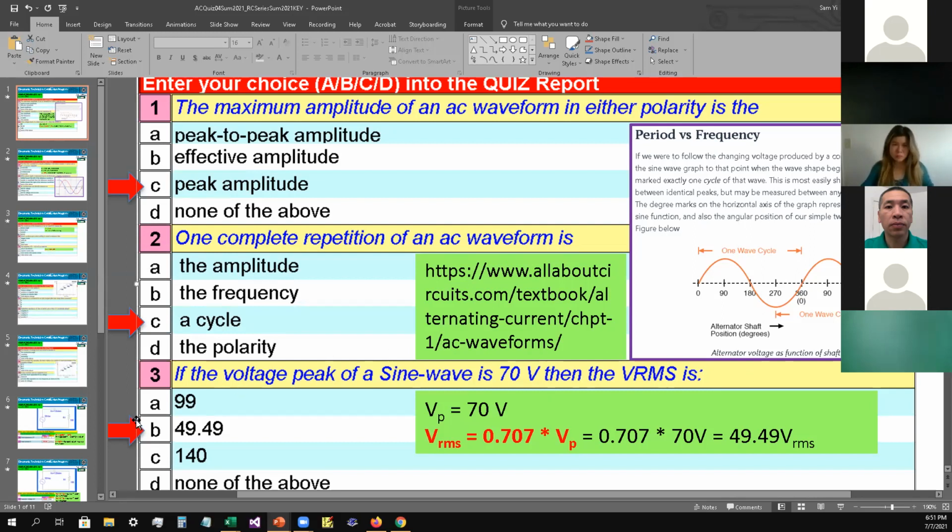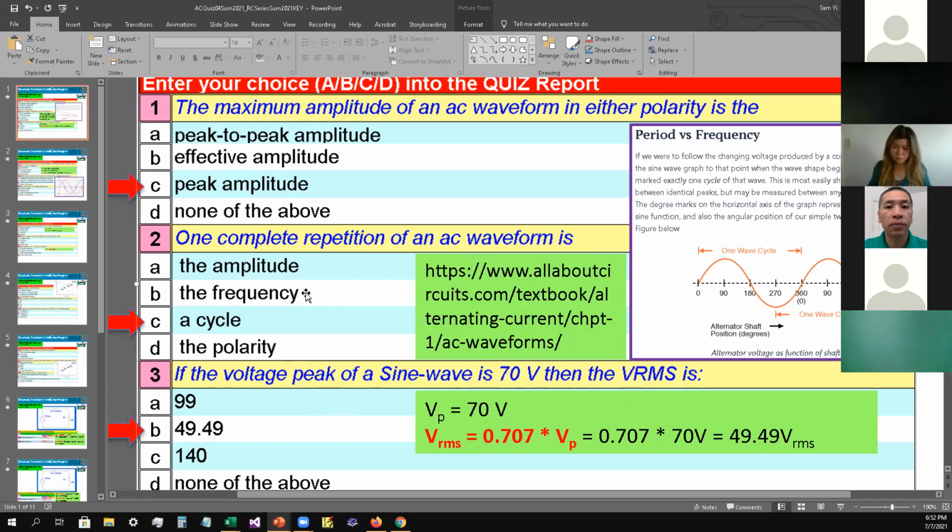Number 3, if the voltage peak of a sine wave is 70 volts, then the VRMS is... VRMS equals 0.707 times V peak, so 0.707 times 70 comes to 49.49 volts RMS. So the answer is B as in beta for number 3.